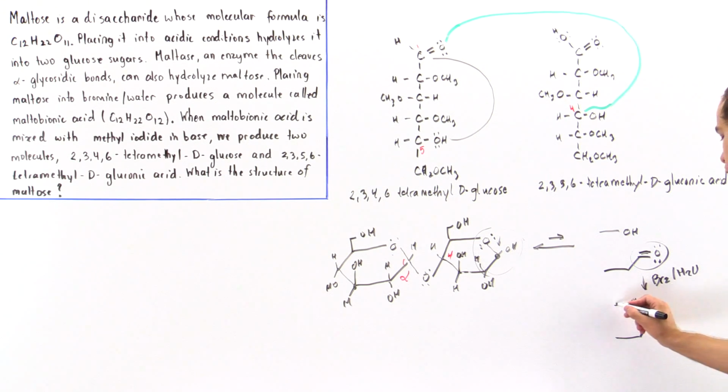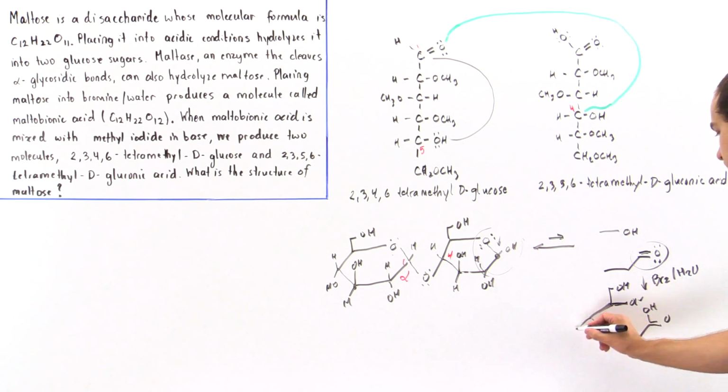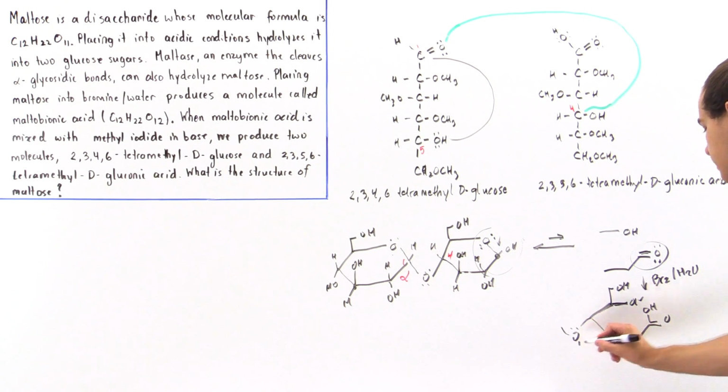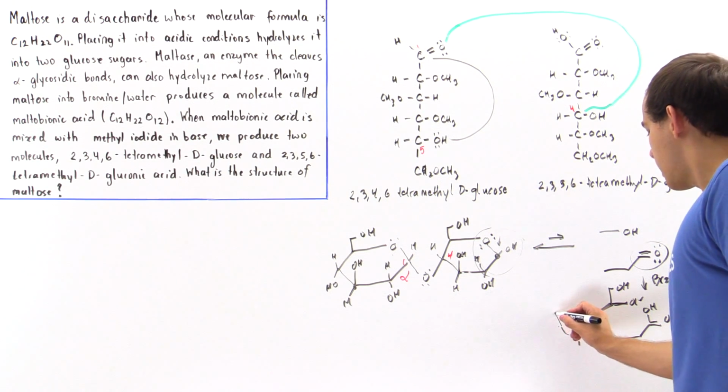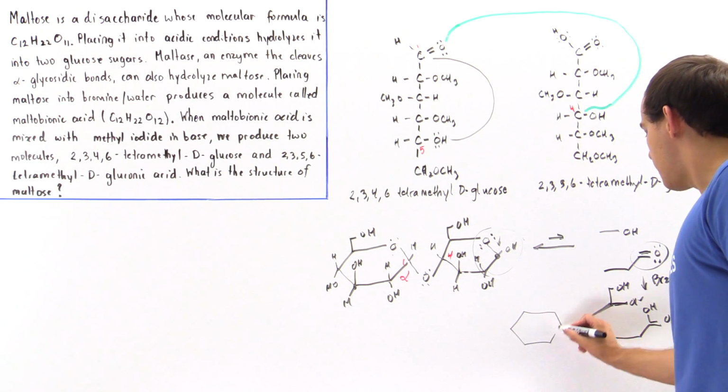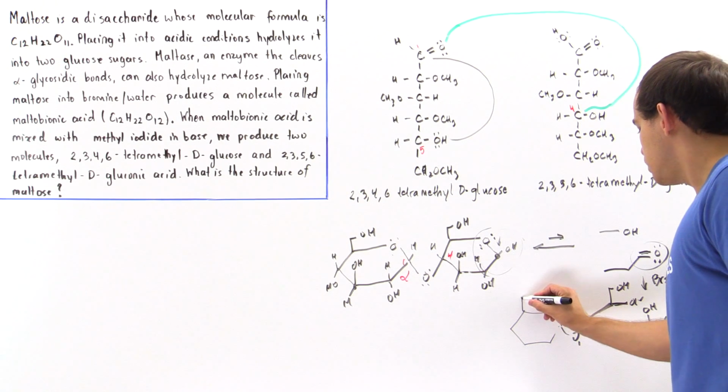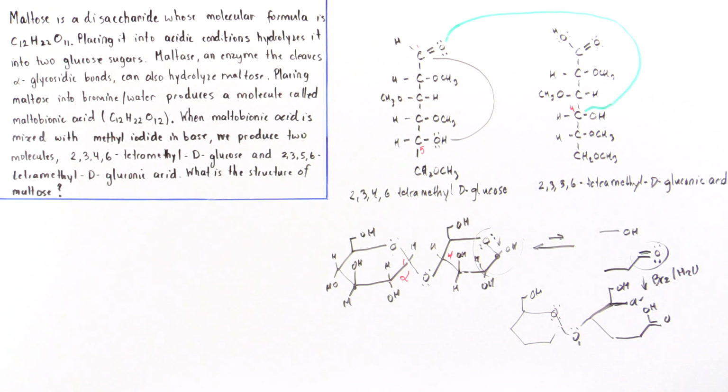So this is how our maltobionic acid will look. So we can draw the rest of the molecule, which I'm not going to do. You can draw that in yourself, but basically it's going to look something like this. You could fill in all the other groups as well, and here we have the other sugar molecule with our O here. So you can fill in the other groups.